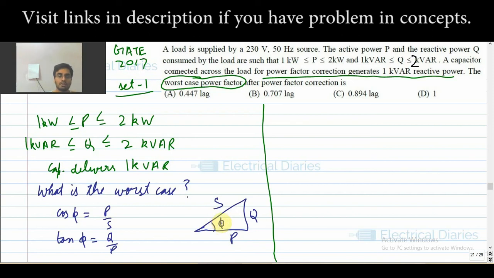Okay, so the worst case power factor means that we have to find the poorest power factor. So we have to increase this angle phi. So this angle can be increased when only your Q is maximum and your P is minimum.